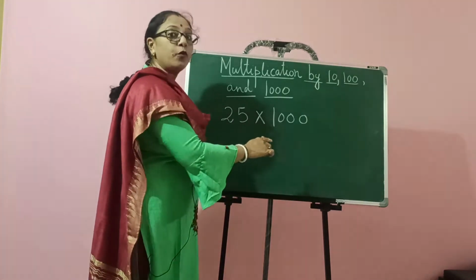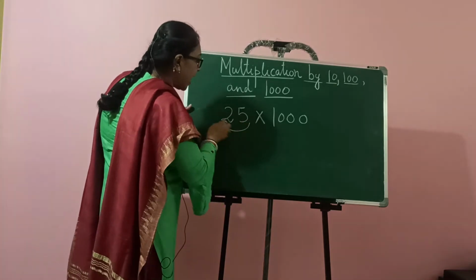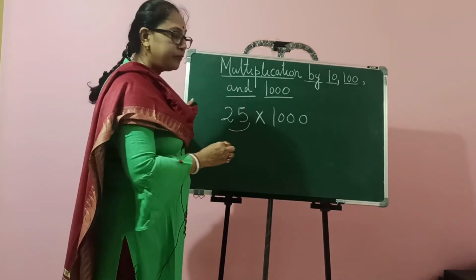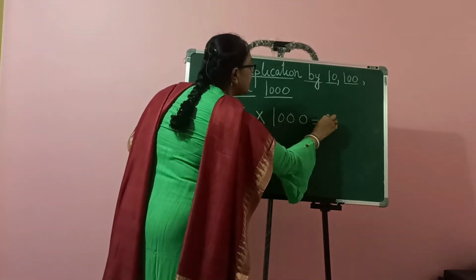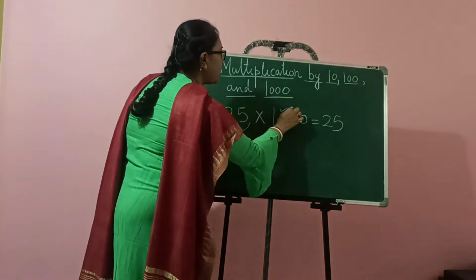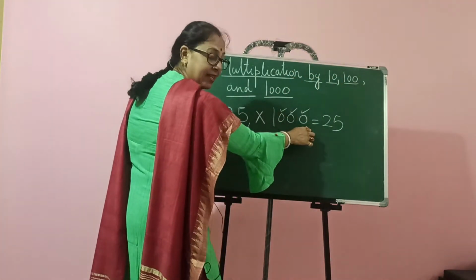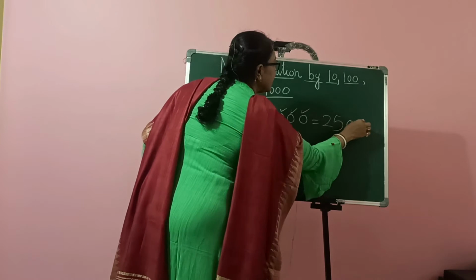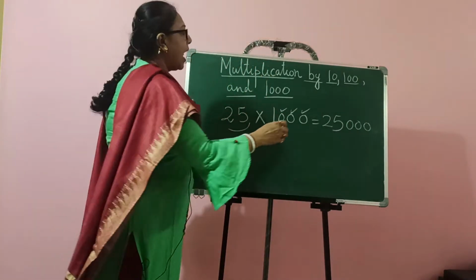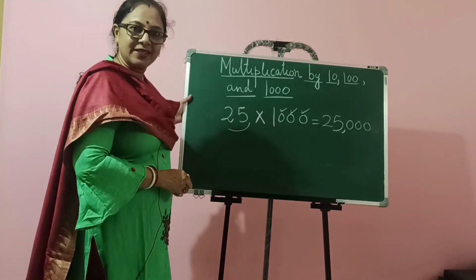We will not go for long multiplication. Instead, we will just write the non-zero number first, which is 25, and then just add the number of zeros at the right hand side. Here we have 3 zeros. So add 3 zeros at the end and insert the comma, and our product is 25,000.